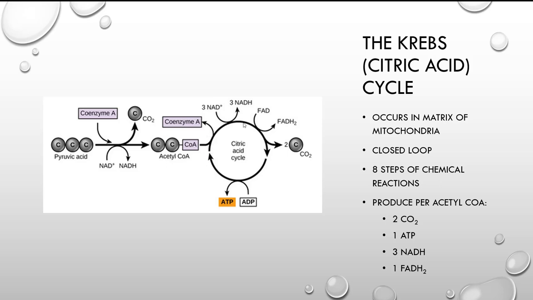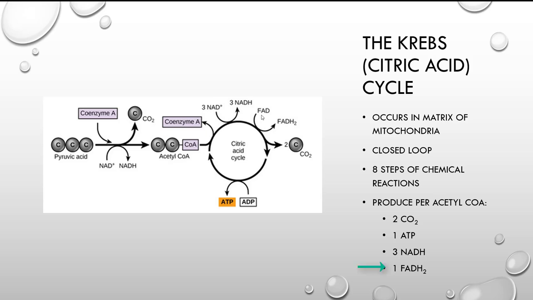And as it's going through the citric acid cycle, it's undergoing these chemical reactions, and as a result of these chemical reactions, we end up getting some electrons stripped. So for each of these acetyl-CoAs that go in, we end up getting 3 NADH electron carriers reduced.